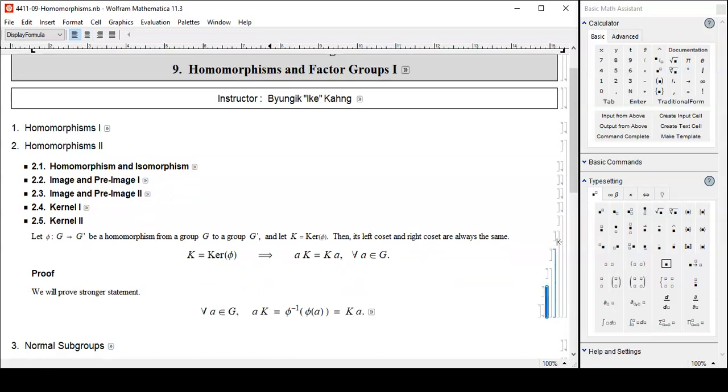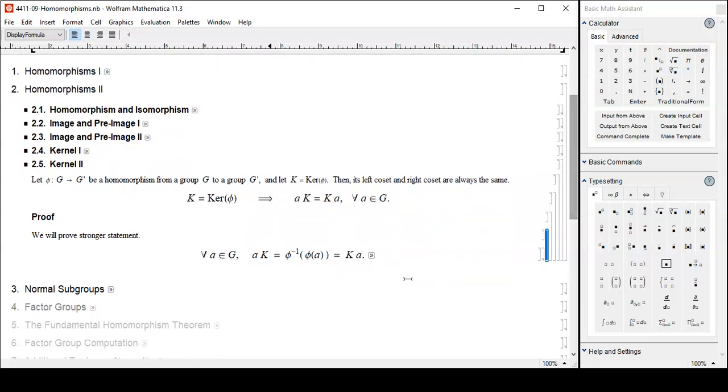We're going to prove a stronger result. We're going to prove that the left coset and right coset are both equal to this mysterious set, the preimage of phi of a. By the way, this is not an inverse map. The inverse map may or may not exist.